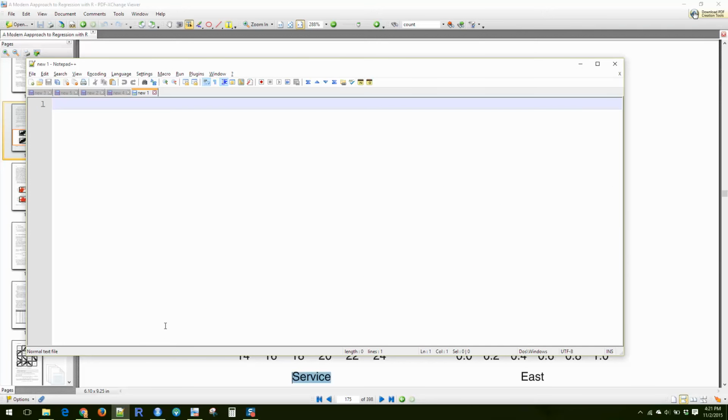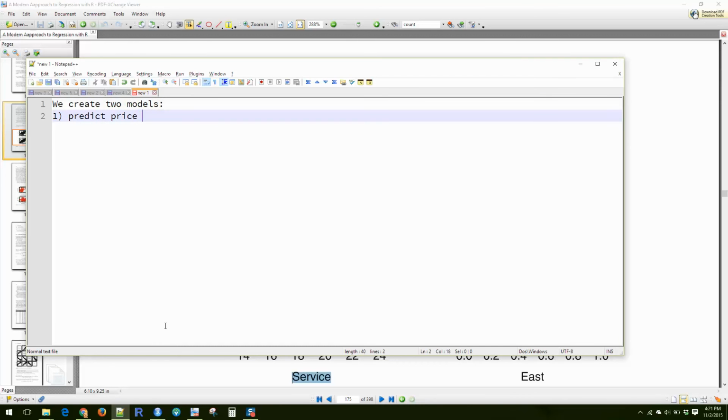Okay, so we create two models, okay? Model one, predict price. So this is the added variable plot for service, okay?